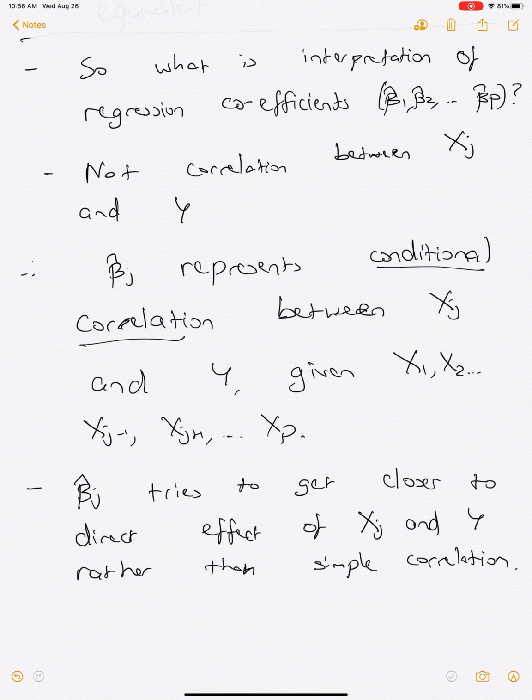Because even if there's a high correlation, that doesn't necessarily mean that xj has a direct impact on y. And as I said, the last 5 minutes that I've been talking about is really one of the key points to get out of the course. I'm mentioning it early on, and we'll hopefully see and understand this distinction more and more throughout the course.